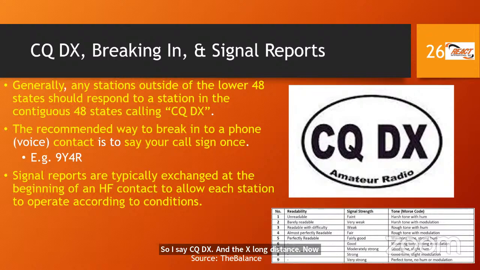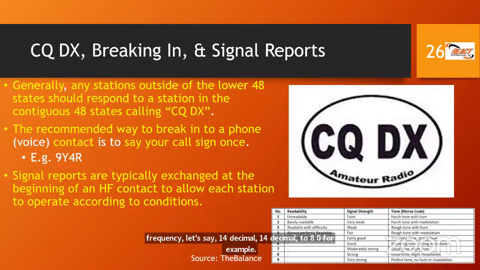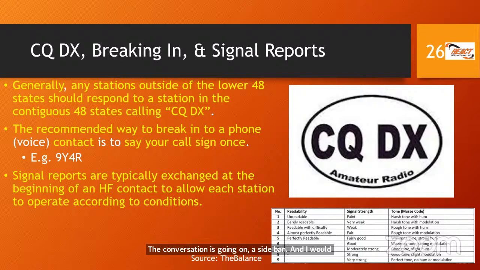Now, if there's a conversation taking place on the air on a frequency, let's say 14.280, for example, the conversation is going on upper sideband, and I would like to communicate. We call that breaking in, if I want to make a contact while they're talking. The recommended way to break into a phone or voice contact is to say your call sign once. Two hams are talking, it can be more than two, and they're carrying on a conversation, or QSO as we will call it.